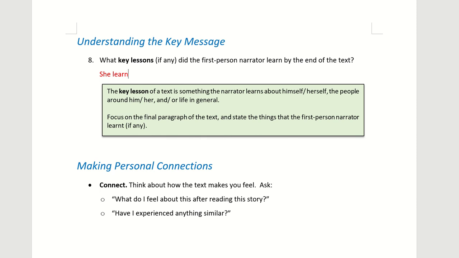She learned that her parents have tremendous love for each other. Okay, that's it.